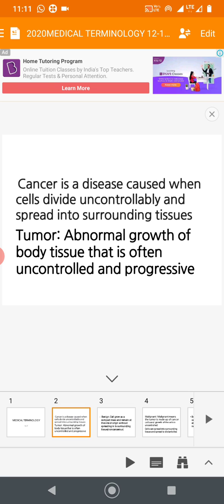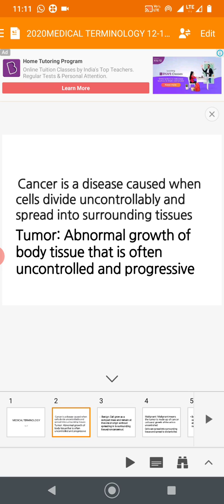Okay, so what is tumor? The term tumor usually refers to cancer. Any cancerous growth is a tumor. But there are two terms we have to remember. Tumor in general is an abnormal growth of body tissue that is often uncontrolled and progressive.